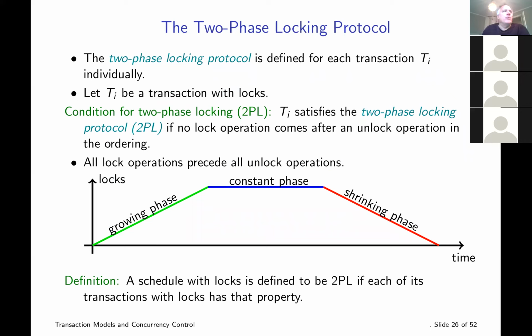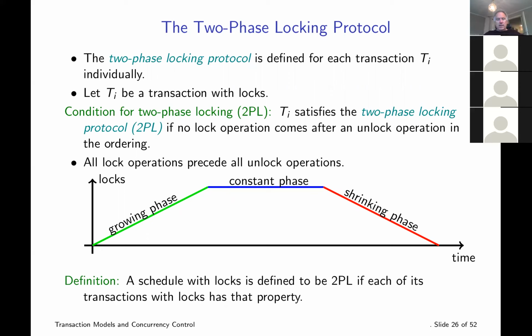But basically, if you impose two-phase locking, it means that when transactions get their locks, they can't release them until they have gathered all their locks and are going to release them.